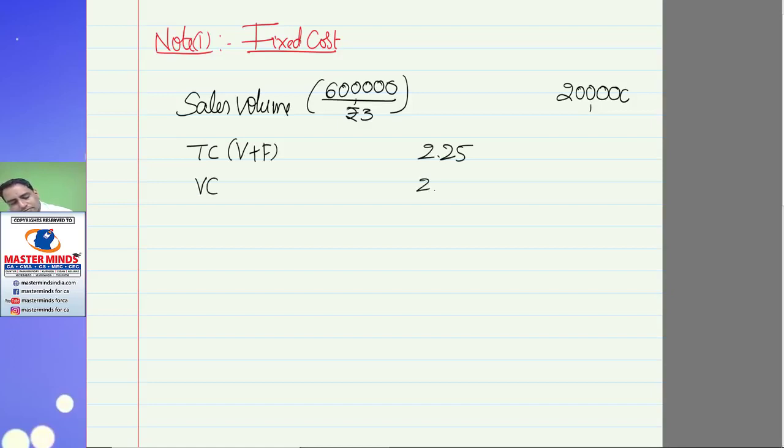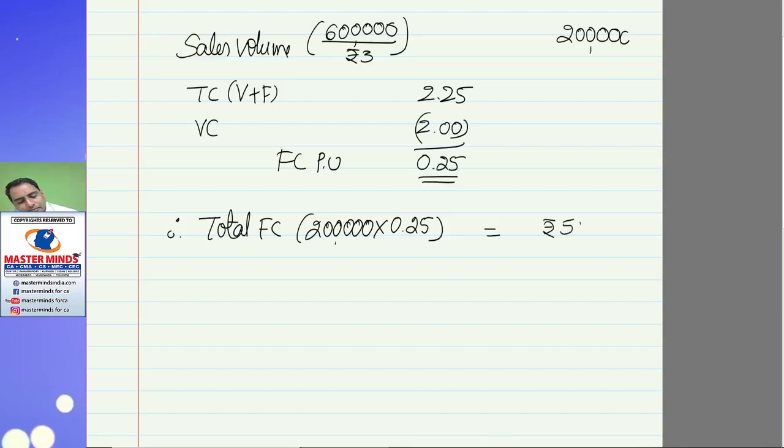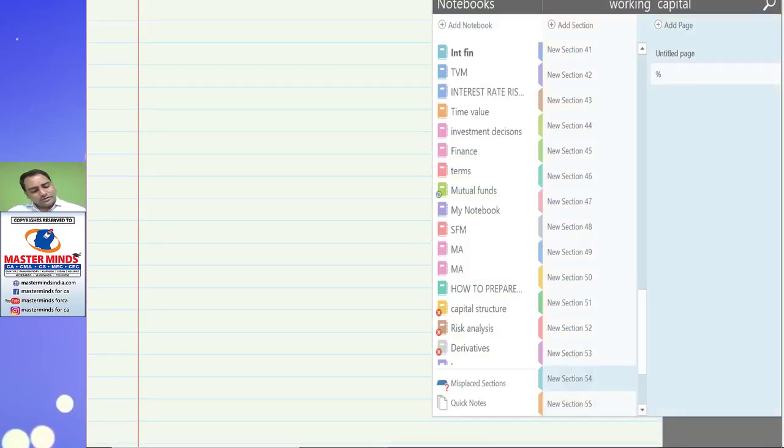Variable cost 2 rupees means fixed cost per unit 0.25. Therefore, total fixed cost is 2 lakhs into 0.25, which is 50,000. This is how fixed cost has to be calculated when you have total cost information and variable cost information.